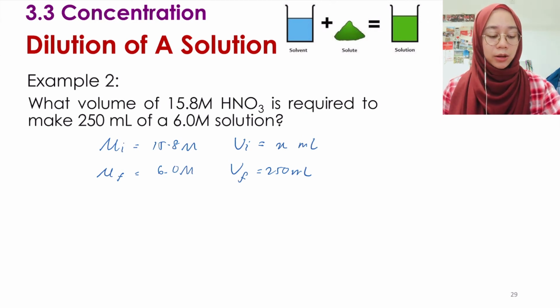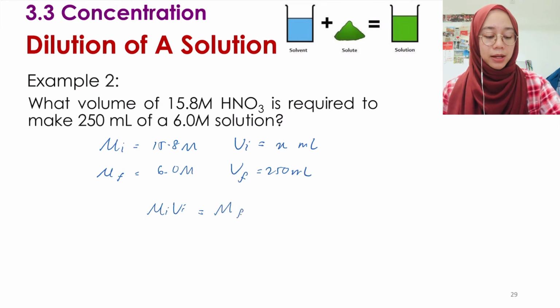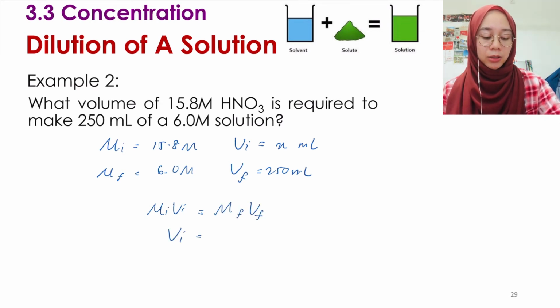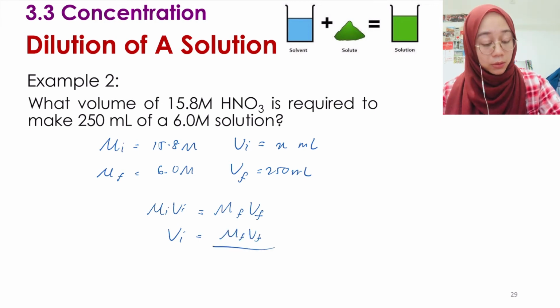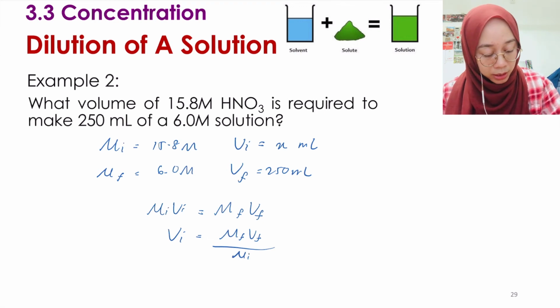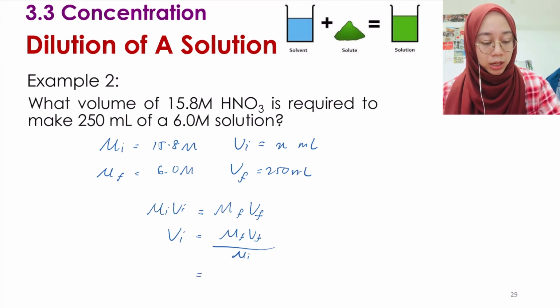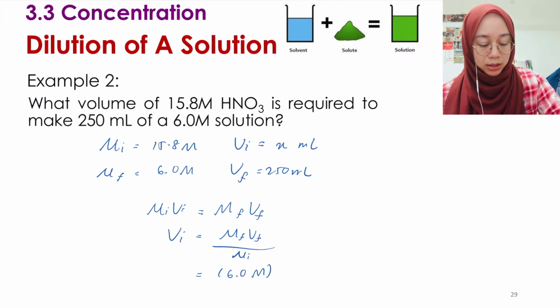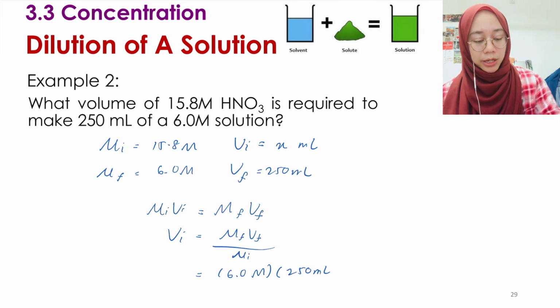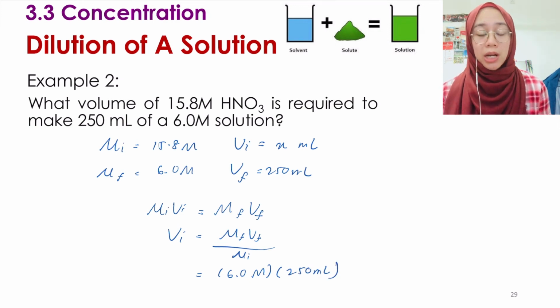So again, kita akan guna formula MIVI equals to MFVF, whereby kita nak cari VI which is our X kat situ. So masukkan nanti, kamu akan dapat sini adalah 6.0 molar darab dengan 250 ml. So kat sini dia tak mention volume tu perlu dalam mililiter ke apa.